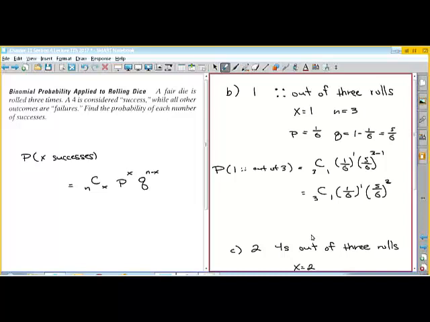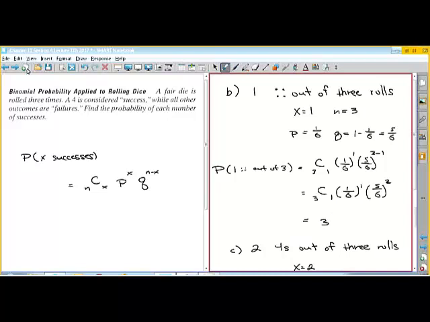Does anybody remember the rules as far as combinations are concerned when you take things one at a time? It equals 3. Yeah. Anytime this is 1, taken one at a time, it's the number of things you're choosing from. So the first one is just going to be 3.